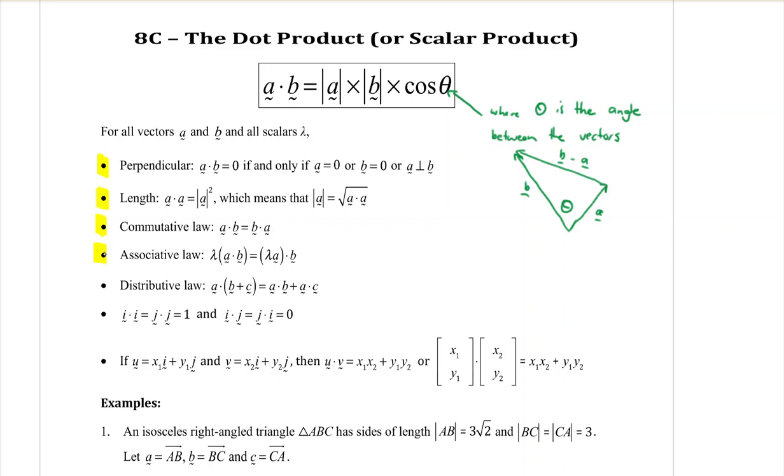The associative law is to do with where you put the constant, lambda. So if I have lambda times vector A times vector B, you can times the lambda into one of the vectors, so you could times it with A first, and then times it through to B. Or you could do it the other way around if you wanted to. You could times it into B, and then through into A. Okay, so it doesn't matter.